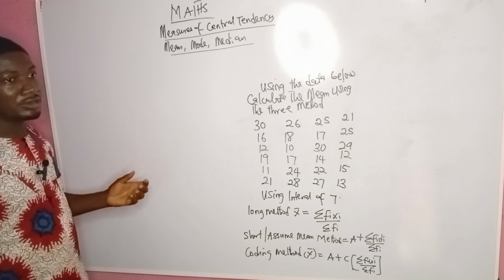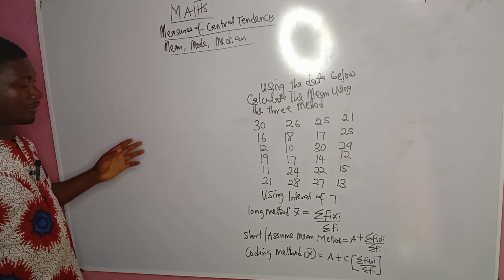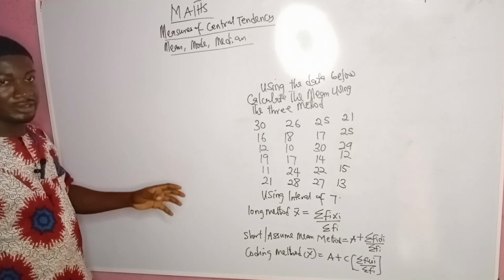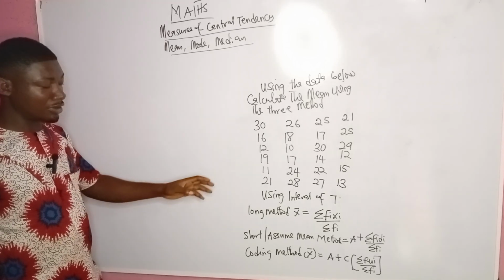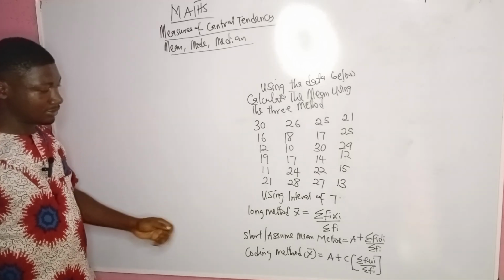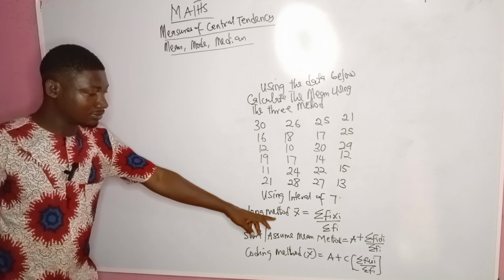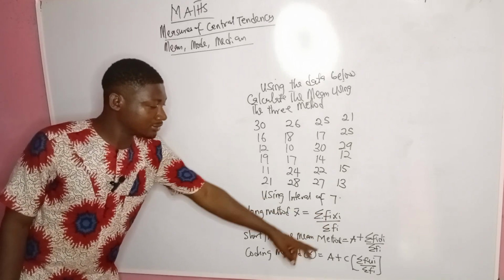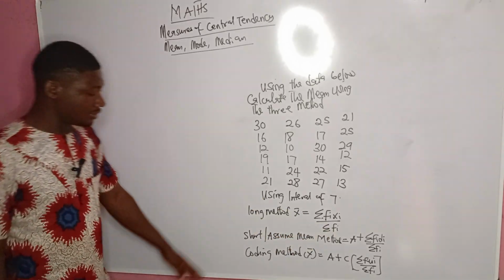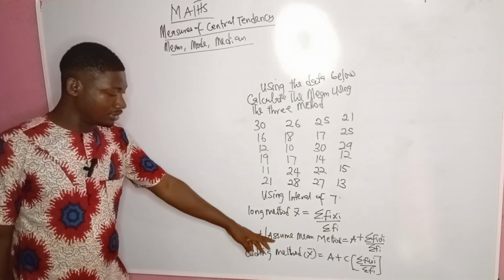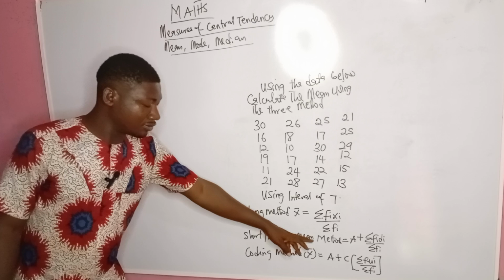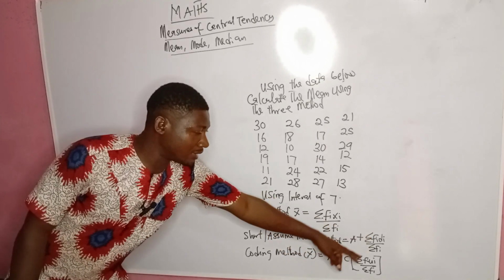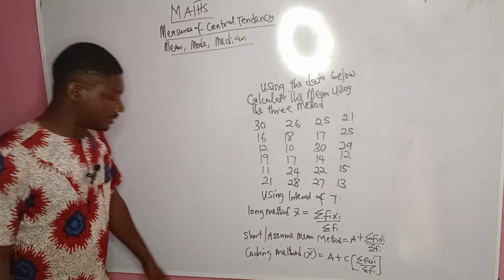Mean has three methods of solving it, and the answers for the three methods will always give you the same thing. The first method is the long method, which is summation fi xi over summation fi. The short method is the assumed mean method, which is assumed mean plus summation fi di over summation fi.